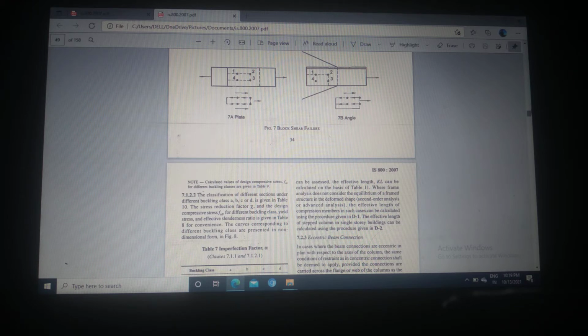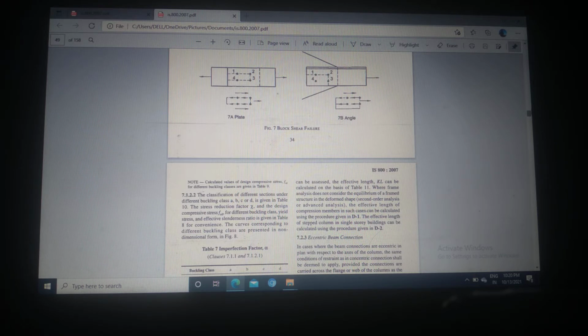But you have to note down the torn out section, that is the dash line. You can see that the dash line starts from that end of the plate and continues to 1, then 2, then 3, then down. Keep that dash line in your mind, because it will be used in calculating the formula of Tdb, the design strength due to block shear failure.